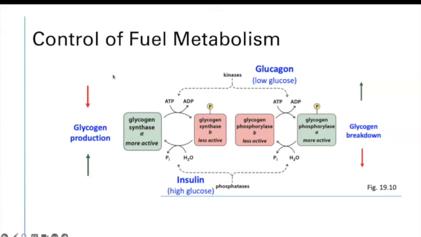In turn, glycogen synthase A, which is dephosphorylated, will get phosphorylated by the kinase, and we will have glycogen synthase B, which is less active. Glycogen production will be slowed down. So glucagon will stimulate glucose mobilization in the liver and lipolysis in adipose tissue. We need to have glucose made available for us.